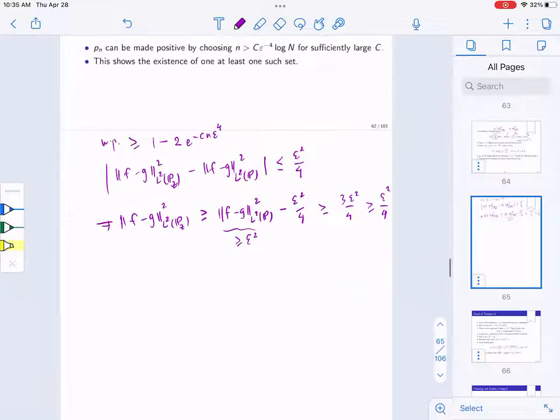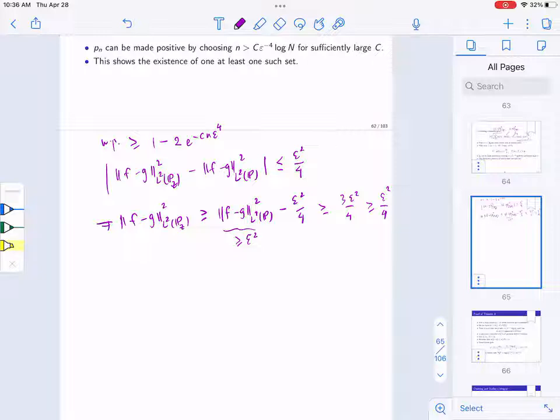Right? Actually, one half minus. Did I? Not 3. Yes, that was correct. Does that make sense? So this holds with high probability for a fixed pair of f and g.